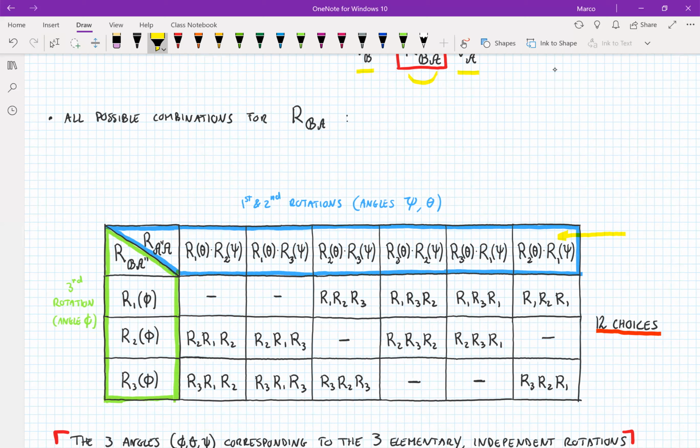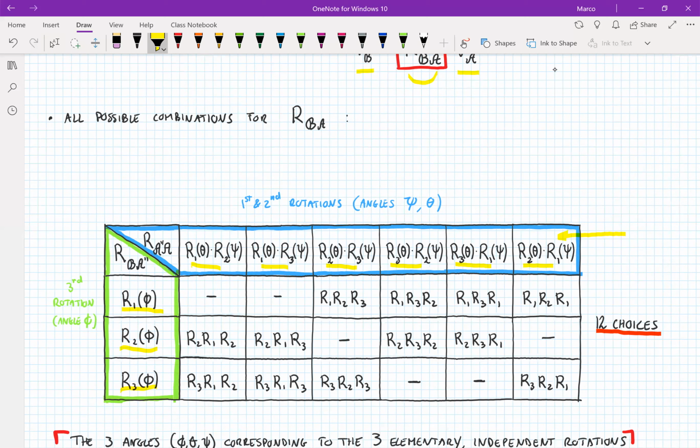So we're going to have R12, R13, R23, R32, R31, and R21. And I've excluded the 3 cases in which the 2 rotations were not independent. And now we're going to add a third rotation, which can be about the x-axis, the y-axis, and the z-axis of an angle that we're going to call phi.